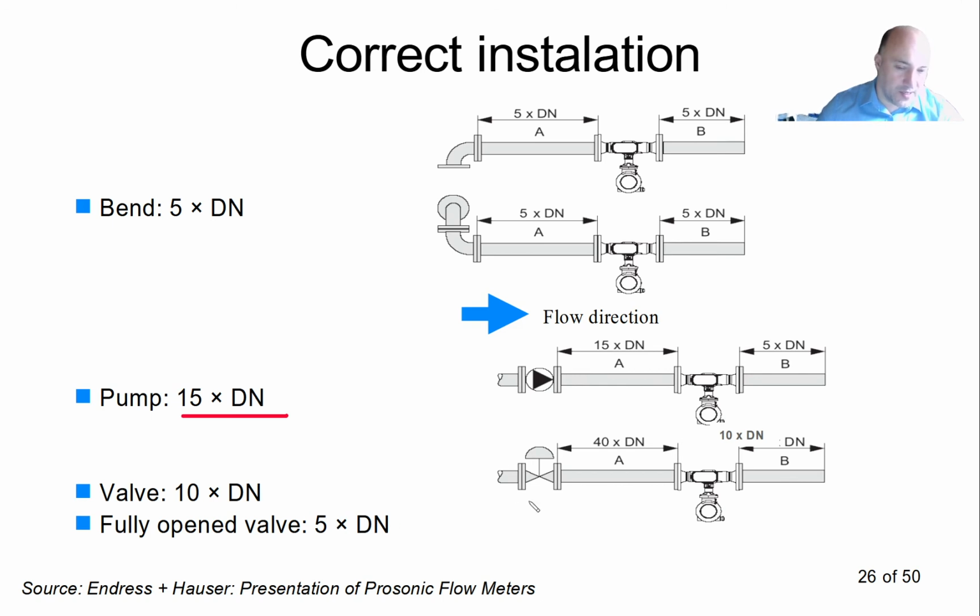Now this is a valve that is controlled, and for this we need an even longer distance, so about 40 in front of the flow meter and about 10 after the flow meter itself. But it's still shorter, so it may fit in your application if the orifice plate is not suitable.